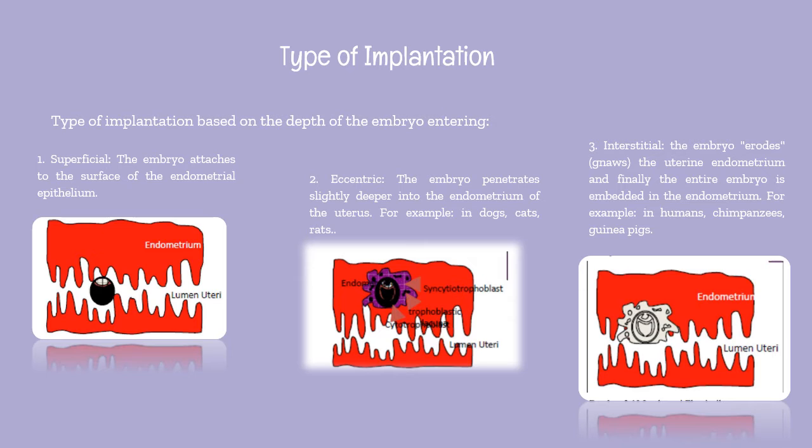Third, interstitial: the embryo erodes down into the uterine endometrium, and finally the entire embryo is embedded in the endometrium, for example in humans, chimpanzees, and guinea pigs.